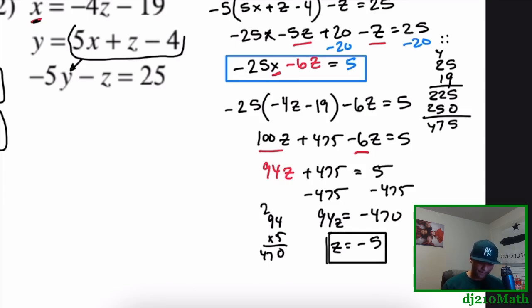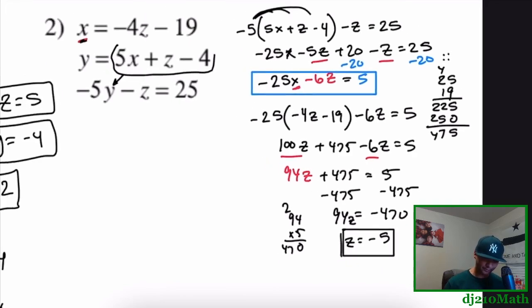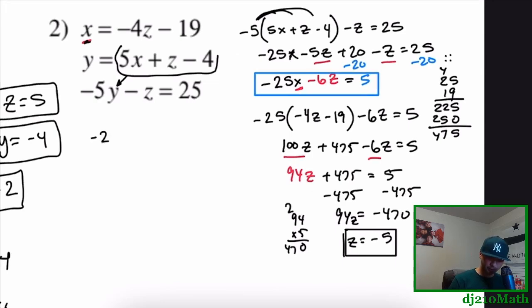Okay. Where can I put that? I'm going to plug that into the blue box to solve for x. So negative 25x minus 6z, which is negative 5, equals positive 5.